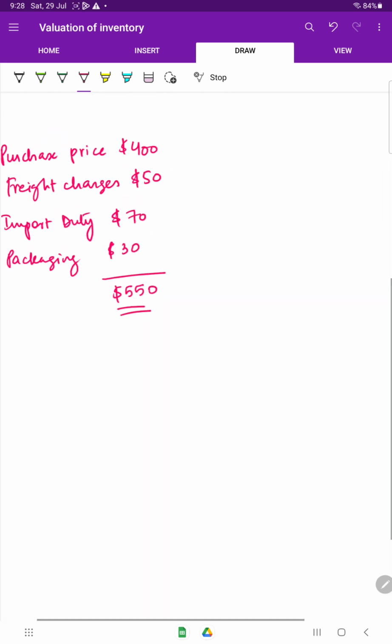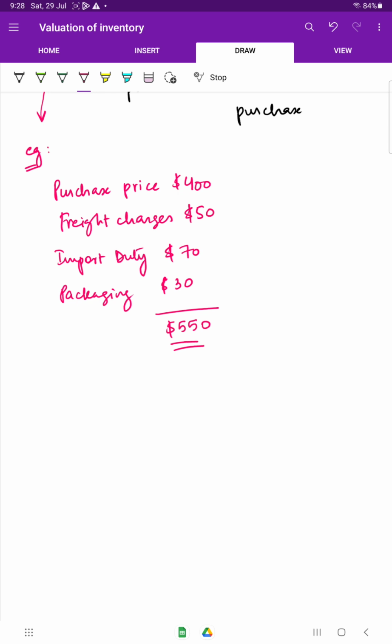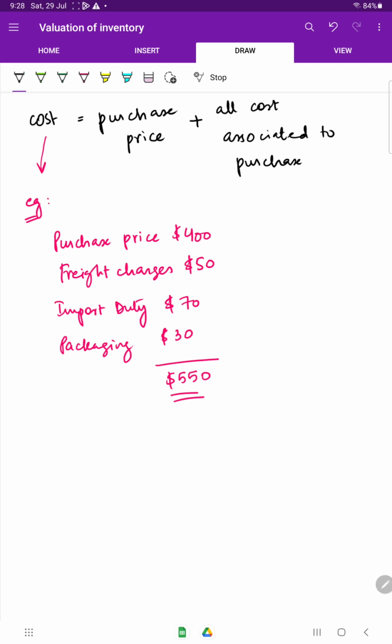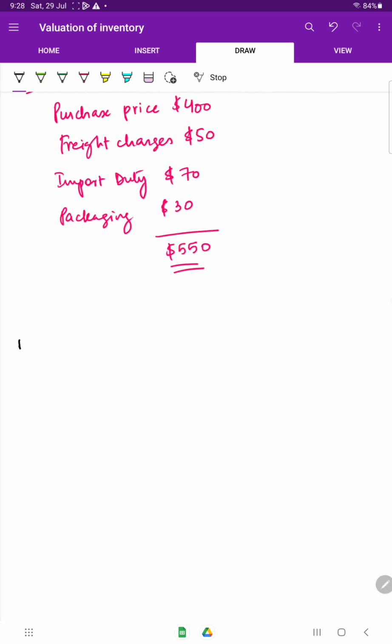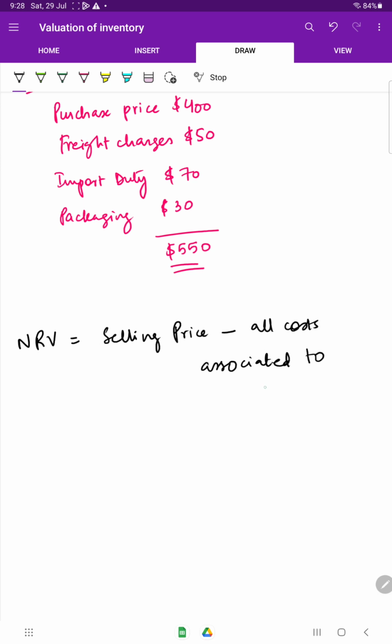Keep copying while I write so that you have proper notes of what we are doing in this chapter. Now, if I talk about the value of NRV, my net realizable value, it's basically the selling price minus all costs associated to sales.